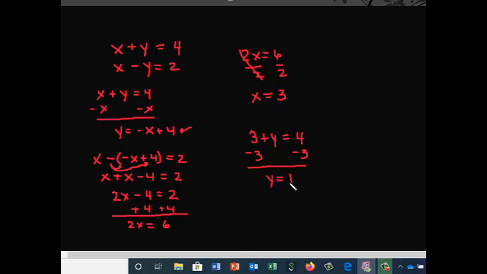So in this case, this system has at least one solution. And we have x is 3 and y is 1. Right? So this system is in fact consistent.